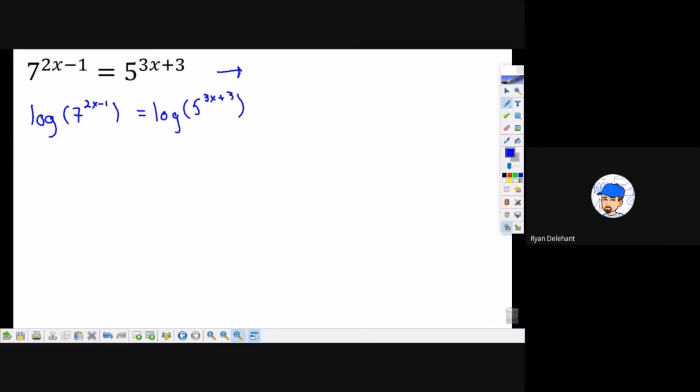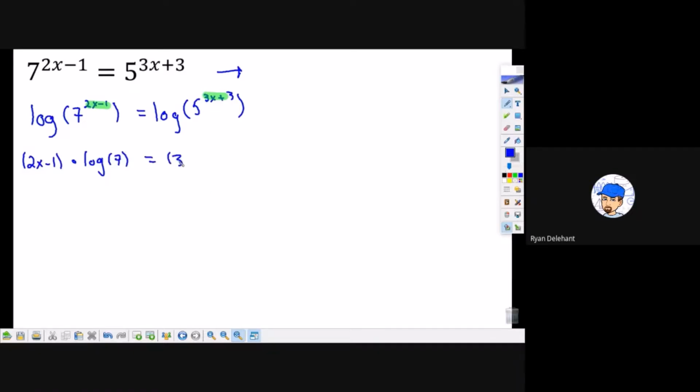Now, the reason we do this is there's a property that says anytime I take log of a number that has a power like this, I can write that power as a multiplication. So that means this is 2x minus 1 times the log of 7.